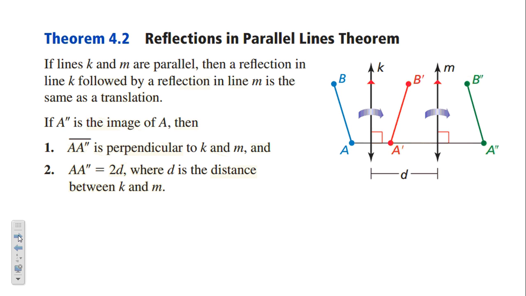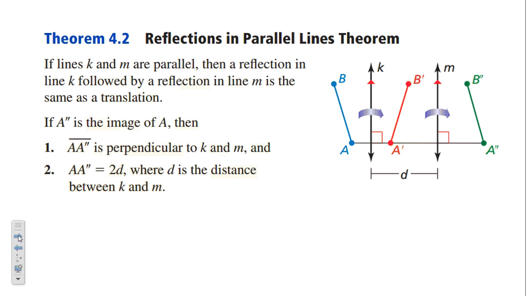Ignoring the middle one in between, what does this look like? A slide, a translation, okay? All I did was move it. Two reflections across parallel lines is nothing more than a slide, a transformation, a translation, okay? Everybody cool with that? Easy enough?